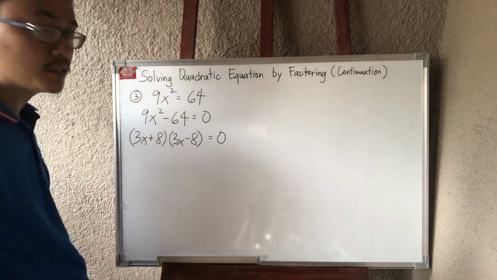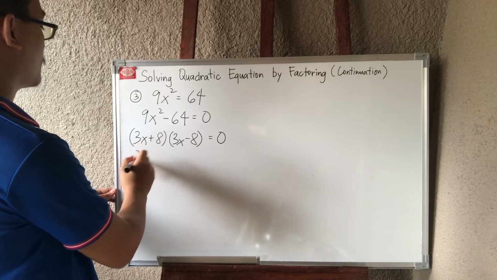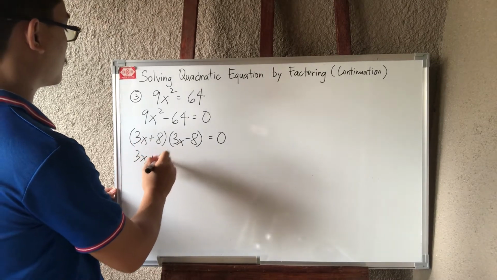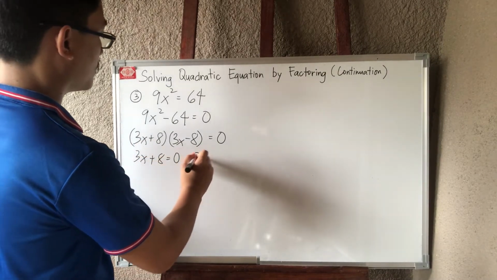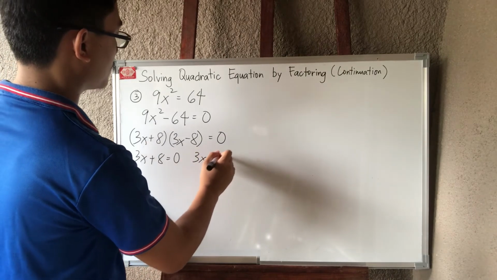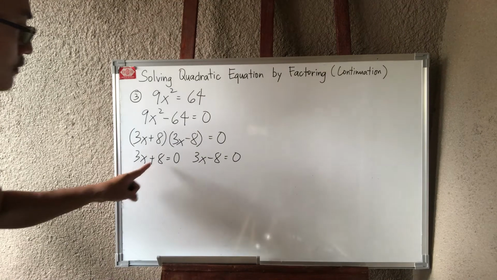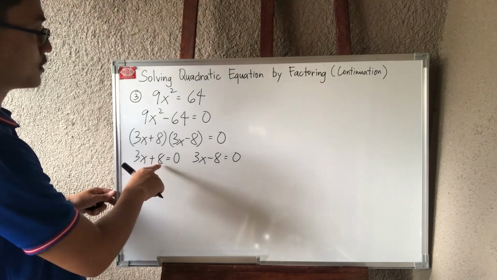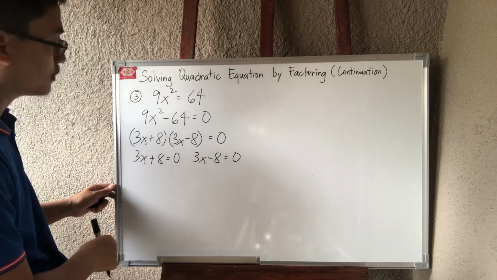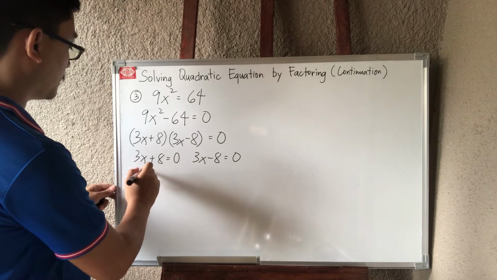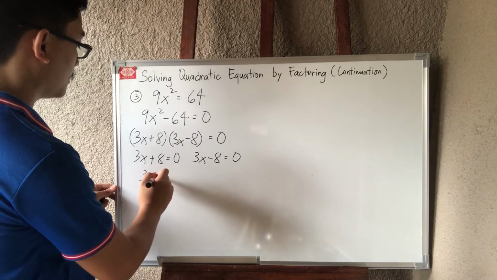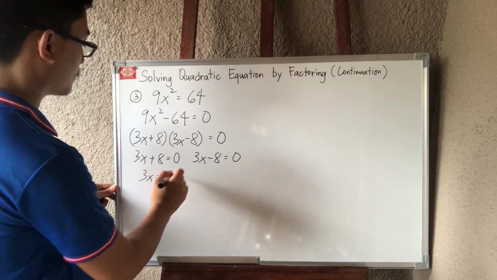Then, we apply now the 0 property. So, 3x plus 8 equals 0, and 3x minus 8 equals 0. Then, just transpose positive 8 on the right side. No? So, algebra na yung gamitin natin. So, 3x equals negative 8.